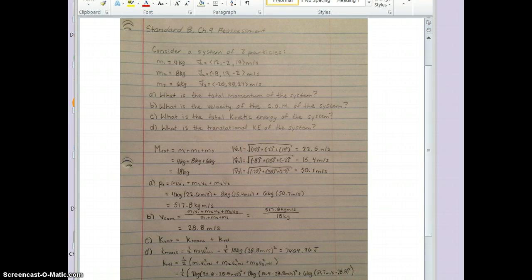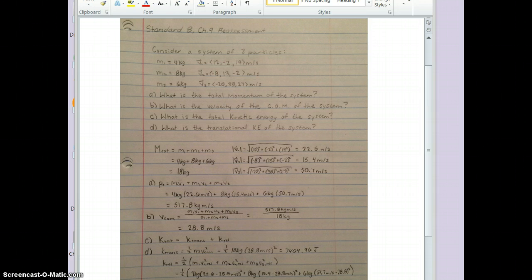Now the kinetic energy relative to the center of mass is equal to 1/2 times m1 v1 squared plus m2 v2 squared plus m3 v3 squared. And all the velocities are relative to the center of mass. And to find that, we take the velocity of the particle minus the velocity of the center of mass.